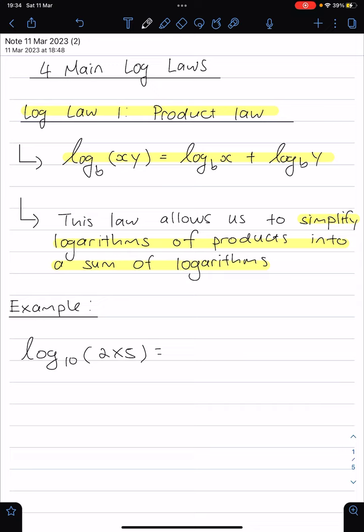Let's go over our first example. Log 10 (2 times 5) can be expanded as such: log 10 of 2 plus log 10 of 5.